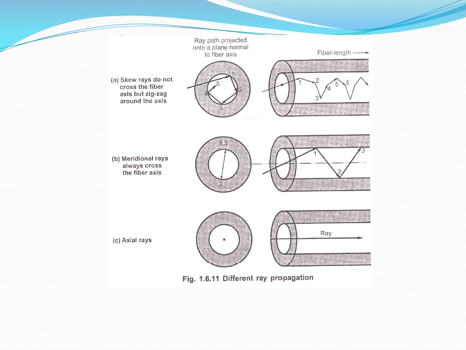There is no delay because it doesn't undergo any reflection. So this is the advantage of an axial ray over a meridional ray. But since skew rays do not cross the fiber axis, it is very difficult to use them in the optical fiber.